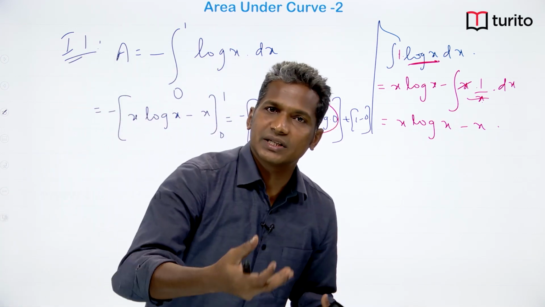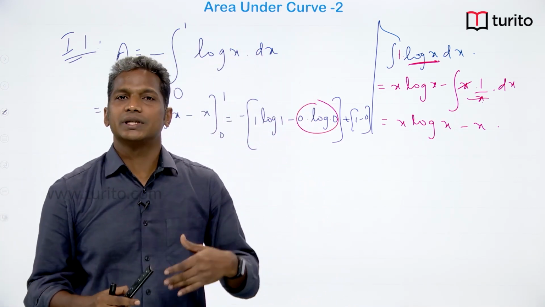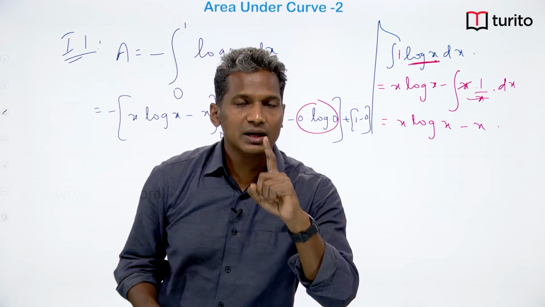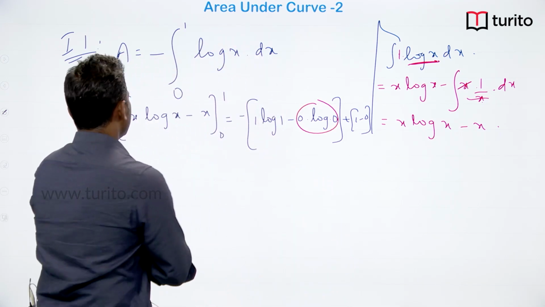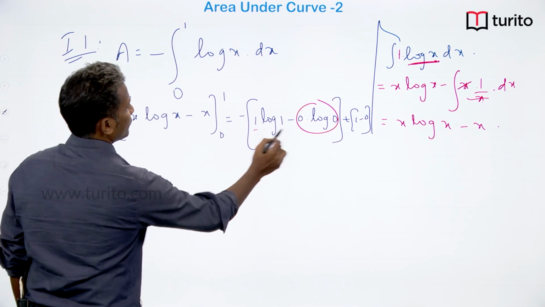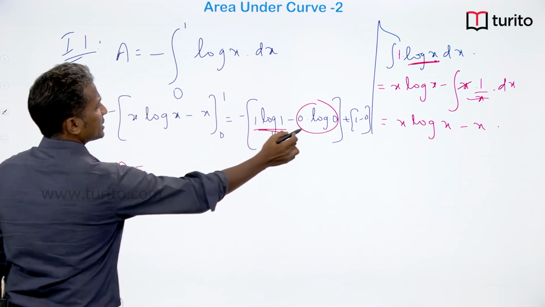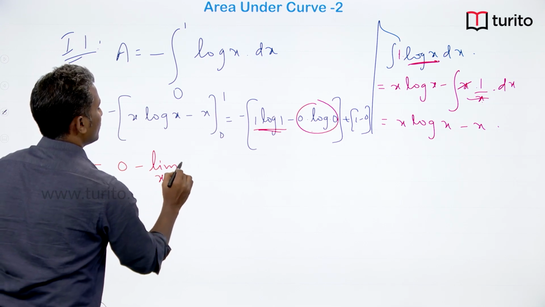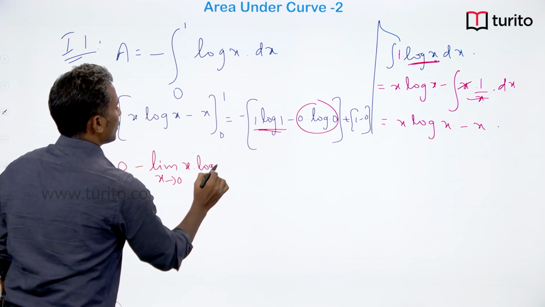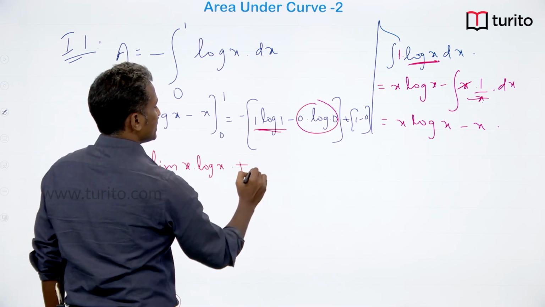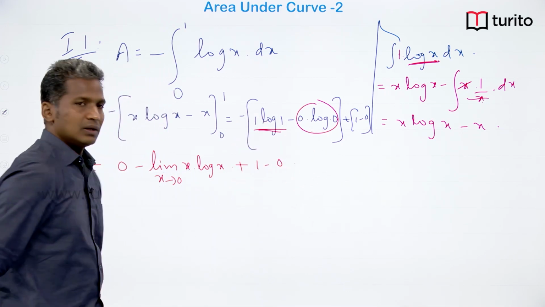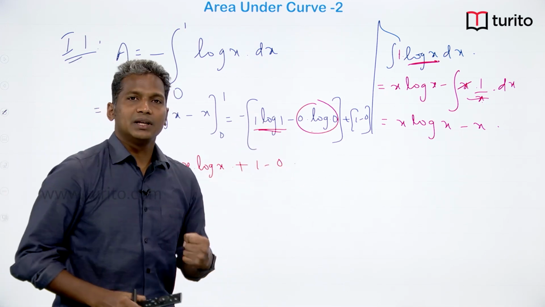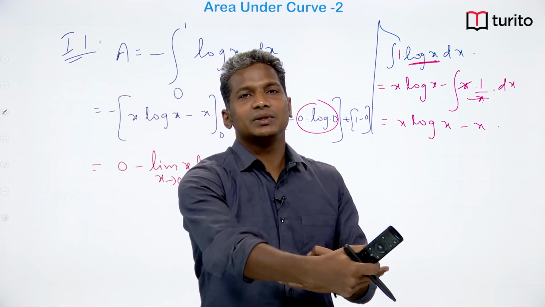Now when such situations come, what to do? We have learned this in definite integration, we have to take the limits. So basically here we are going to write it like this: the value of this is 0 minus, for this we have to find the limit as x tends to 0 of x into log x, plus 1 minus 0. Now how do we find this limit? Now the problem has gone into the limits.